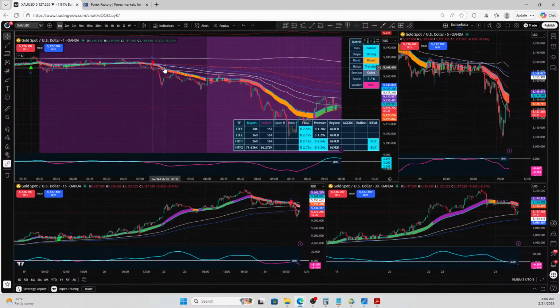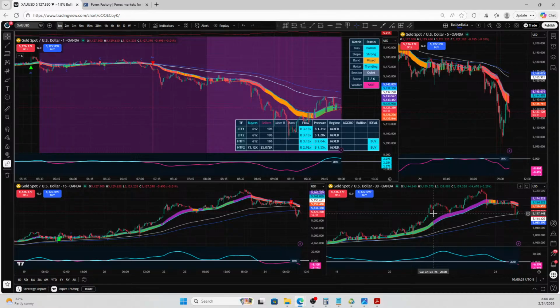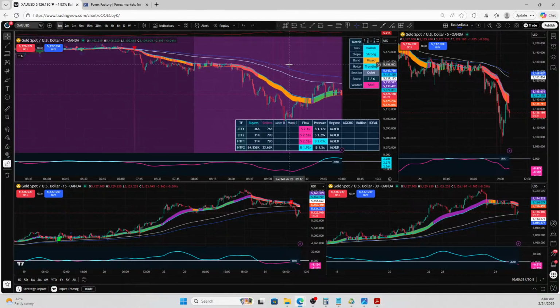And the band turned from red to orange, telling us the price is extremely bearish. So today the move actually happened before we came to the market. We're just gonna wait for now.